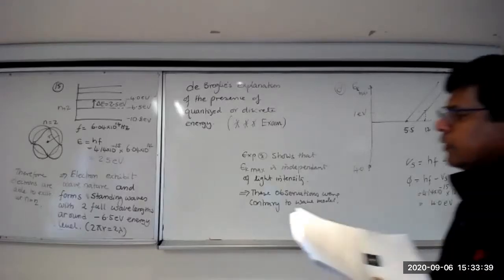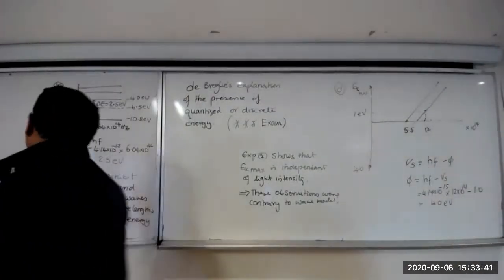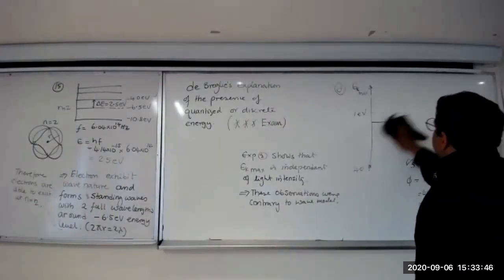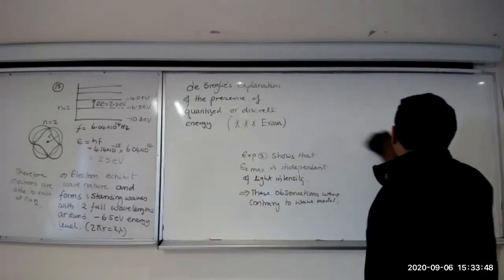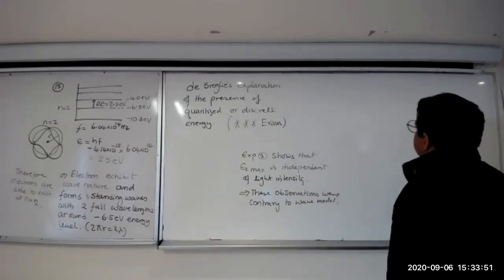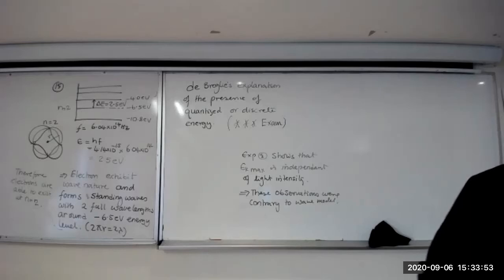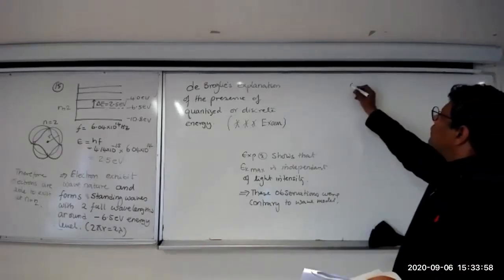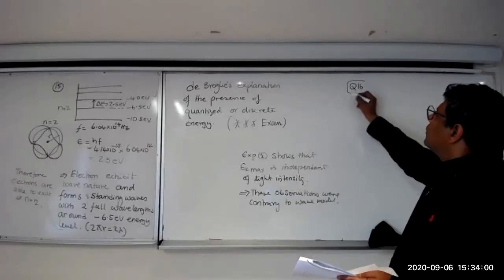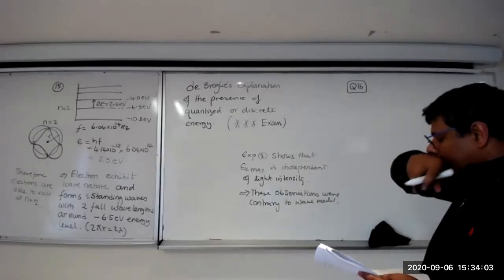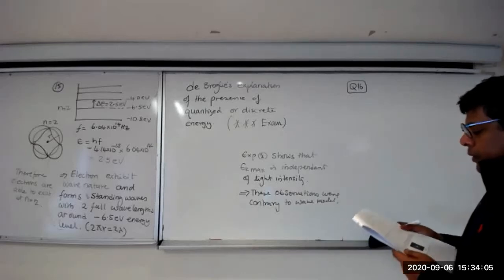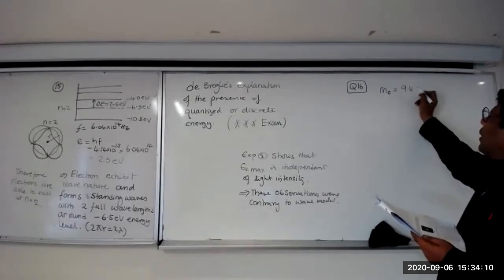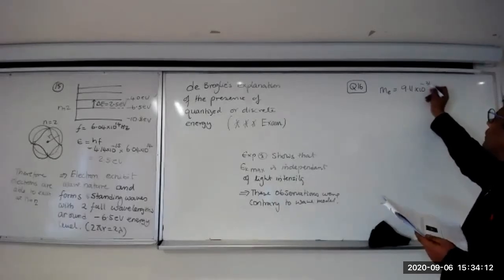Okay, question 16, very quickly. So the electron has a mass 9.1 times 10 to the power negative 31 kilogram.